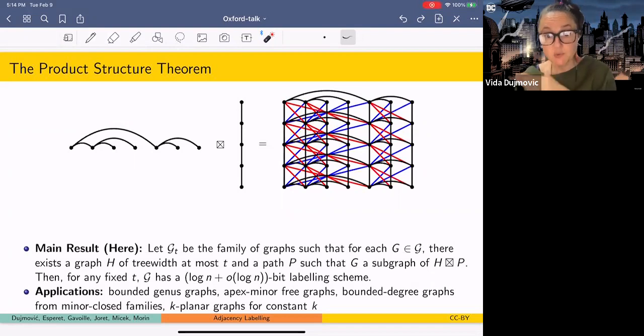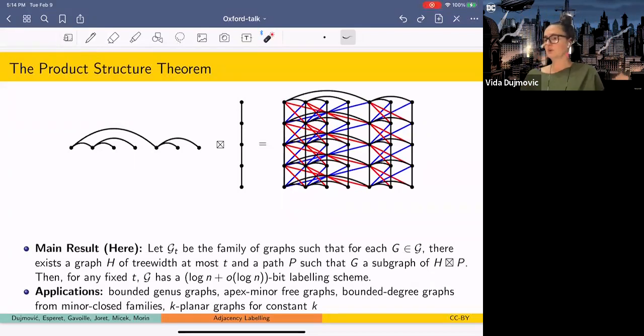So we did manage to do it for other problems, but not for this one. And it's not for the lack of trying. I think this is a nice problem. Can you improve 2? It's not even 4/3. So it's still at 2 log n for all proper minor closed families.